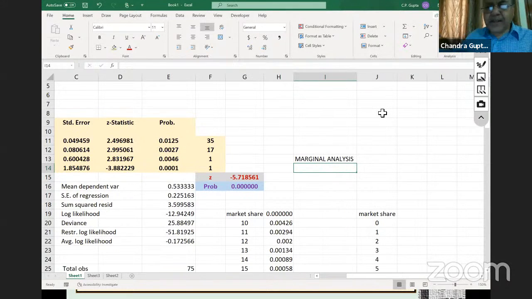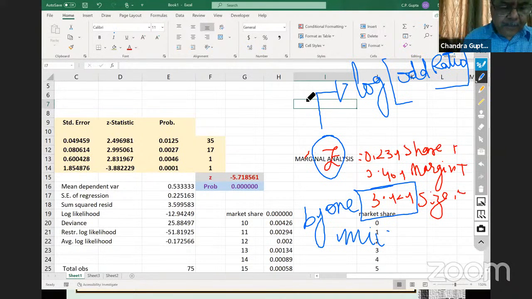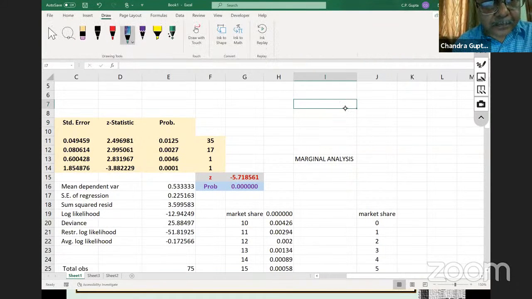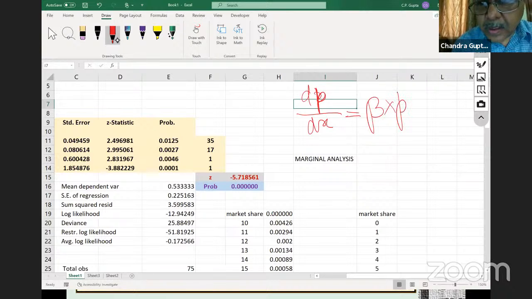And the formula for the marginal analysis is the change in the probability with respect to x is equal to beta into p into 1 minus p.